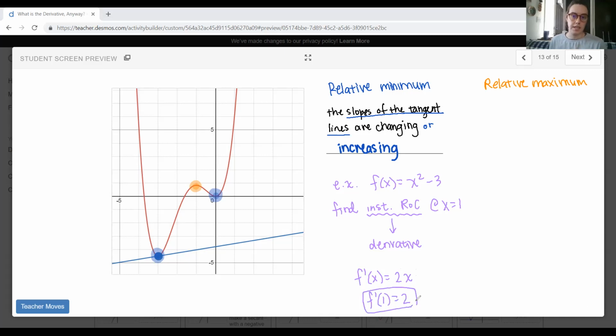So this is telling me that it's growing or changing at a rate of 2, because this function, f, is not staying the same. Right? The shape of this, it's decreasing, and then it's increasing. Okay, so it's changing. That means that there is a derivative responsible for that change.